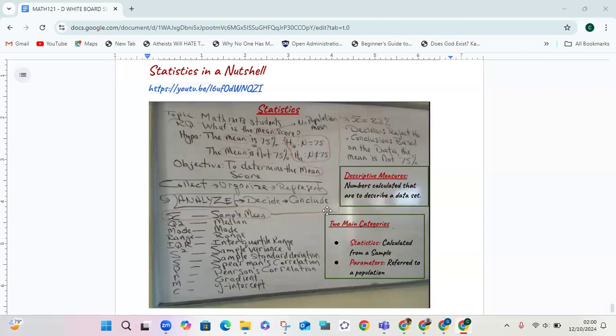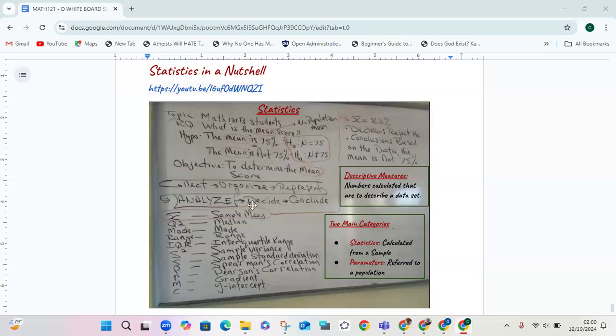So let us say the sample mean calculated is equal to 82%. So right away, you have to compare what the sample mean is saying with what the null hypothesis is saying, not the alternative, the null. The null is saying the mean is equal to 75. The sample is saying the mean is equal to 82.